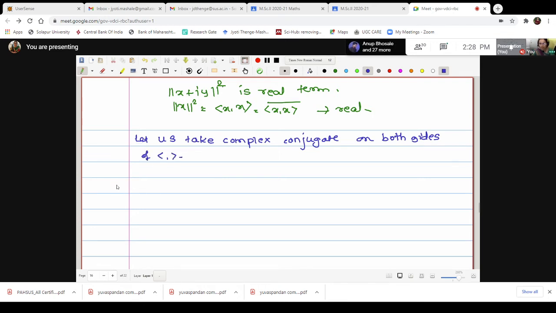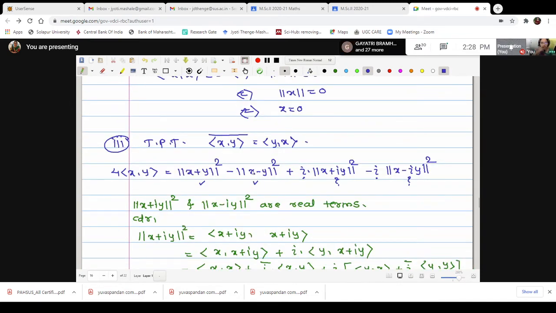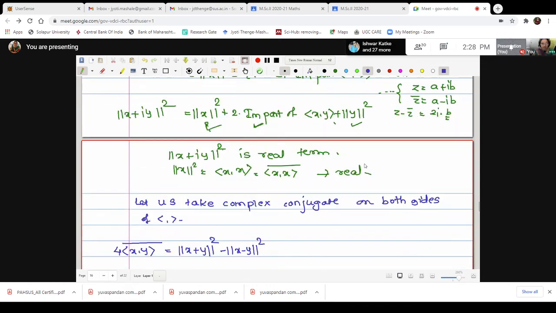Therefore what will happen? This is 4 times inner product x with y conjugate is equal to norm square of x plus y minus norm square of x minus y. There is no effect on the first 2 terms. Only this i will be replaced by minus i and this minus i will be replaced by plus i.